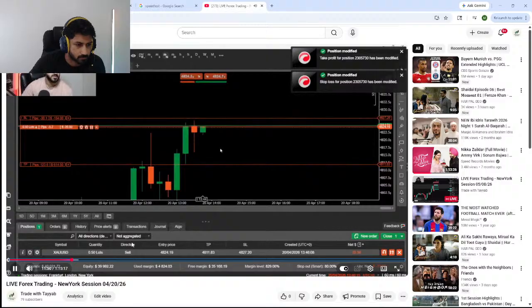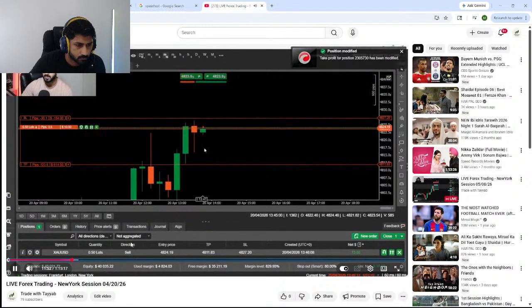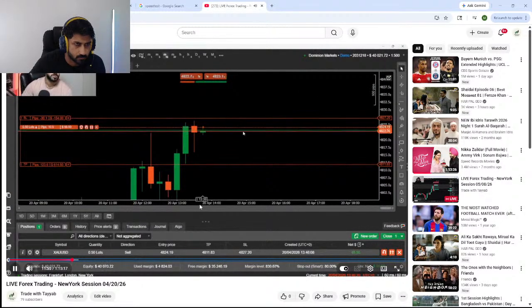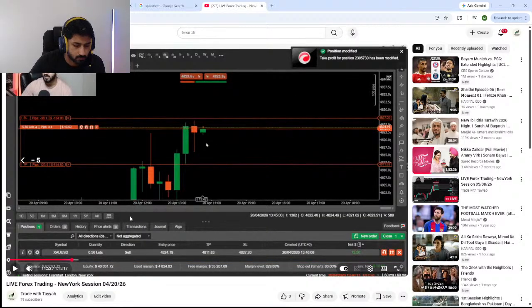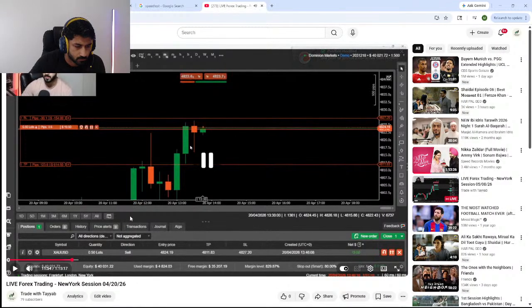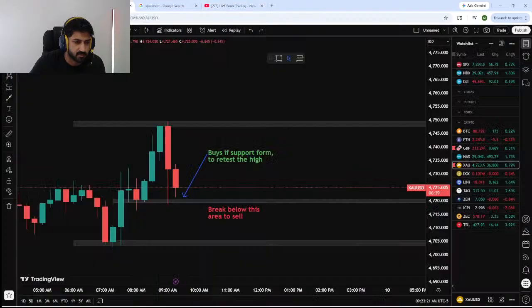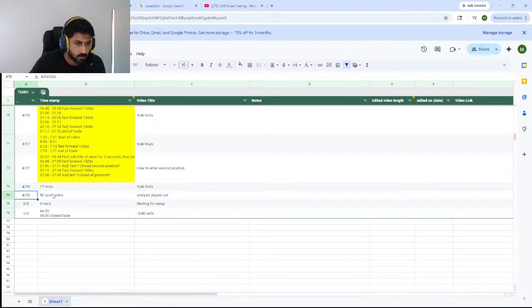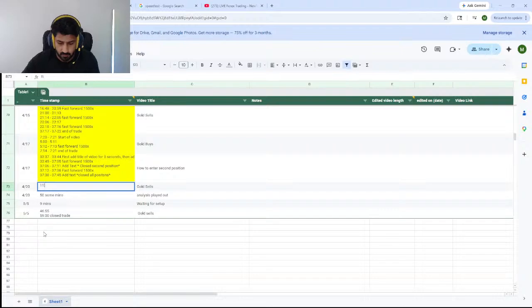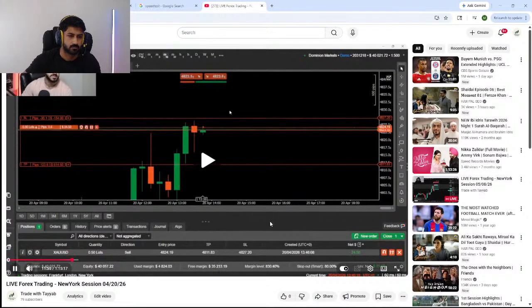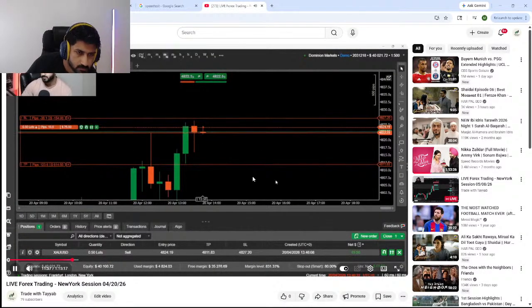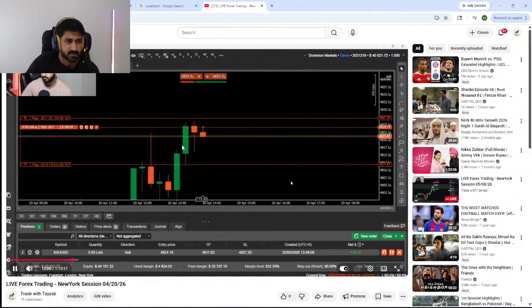Alright, I've entered into a sell for price to retrace down a little bit to continue to push higher. So this is more like a counter trend trade.